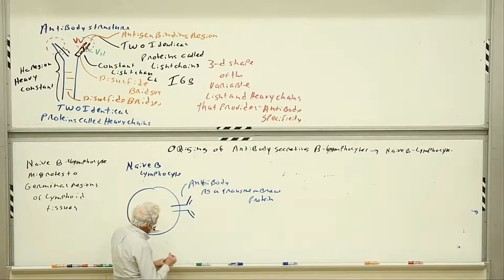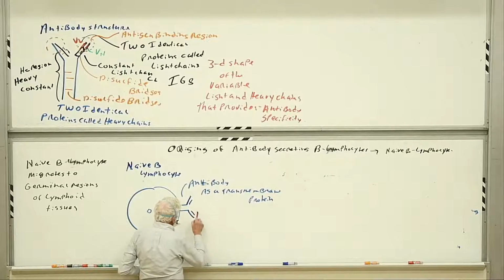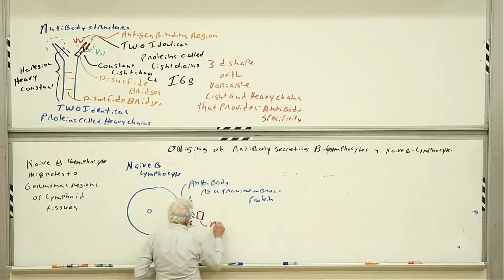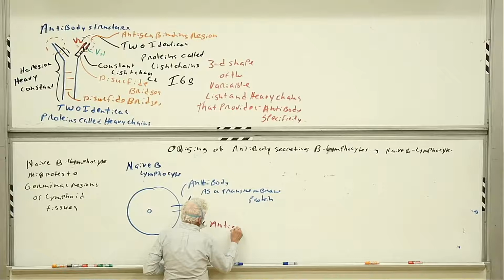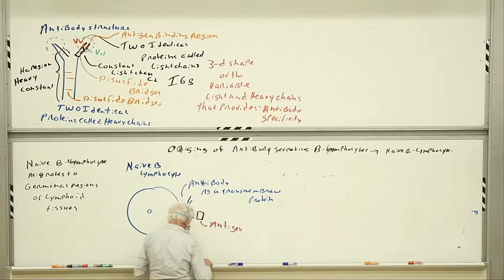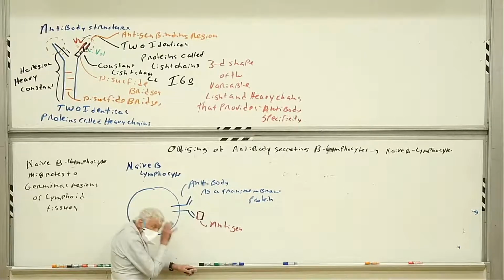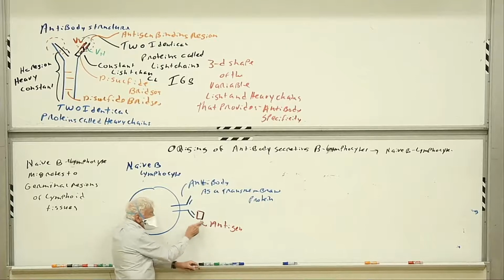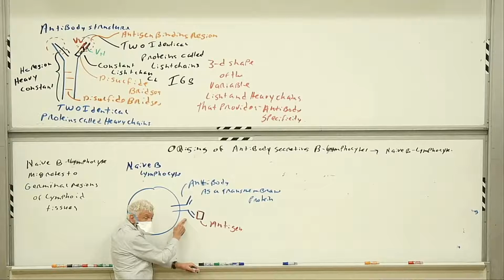And along will come a protein. This will be an antigen. Now, if and only if there's a good three-dimensional shape between the antigen and the antibody, that starts the process of endocytosis, much like what we talked about with macrophages.